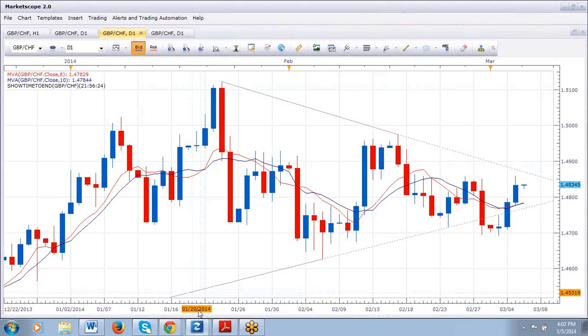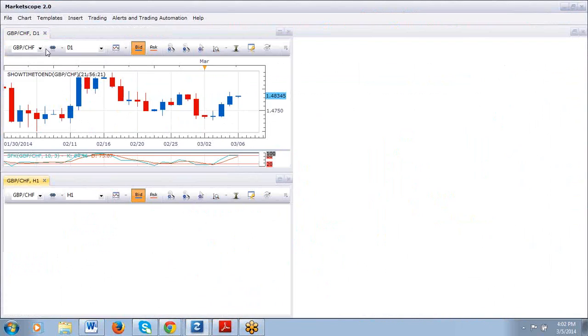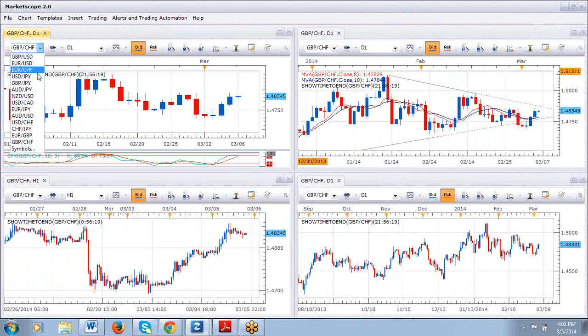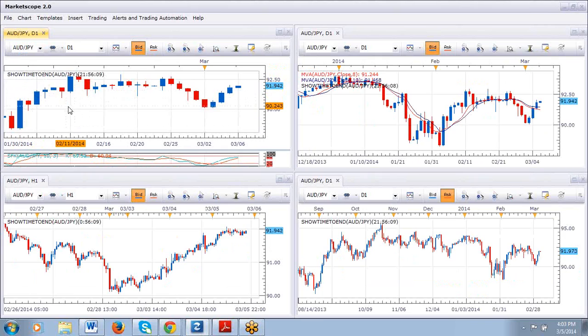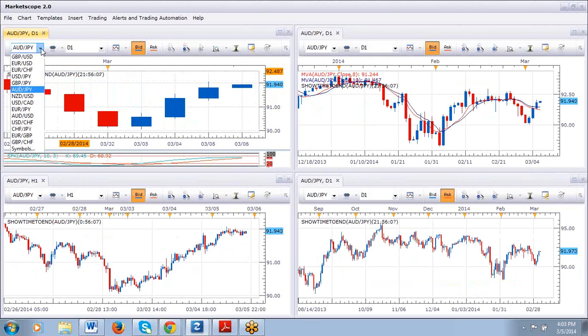So that being said, let's create a plan. You have a few things that you can basically trade. Of course, you have the Aussie against the US dollar right there. You can have Aussie against the Japanese yen as well. And then you also have Aussie against the Kiwi, which I don't have. Let's see.